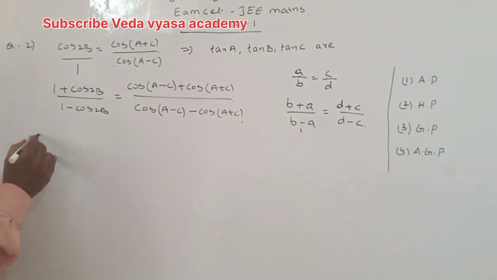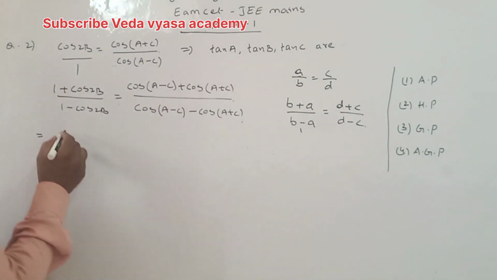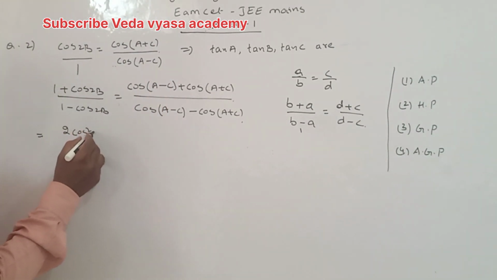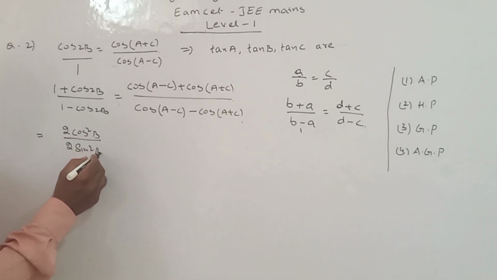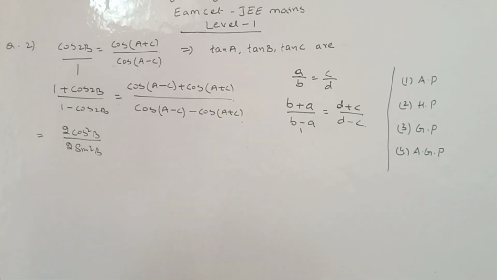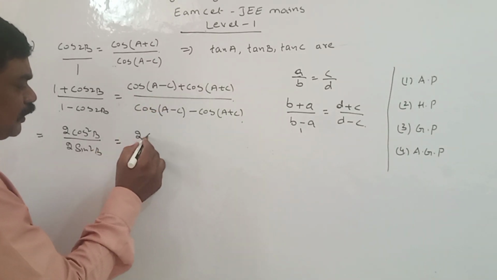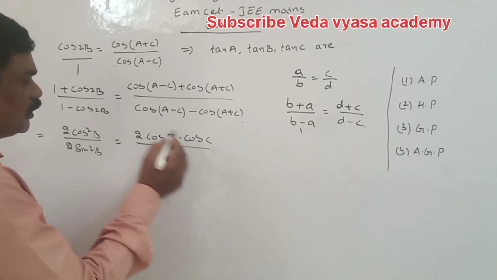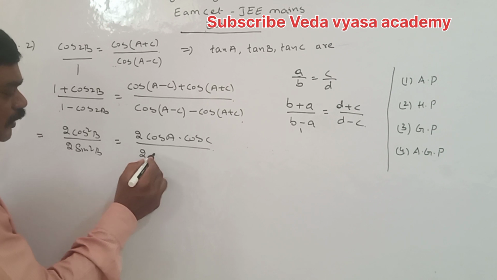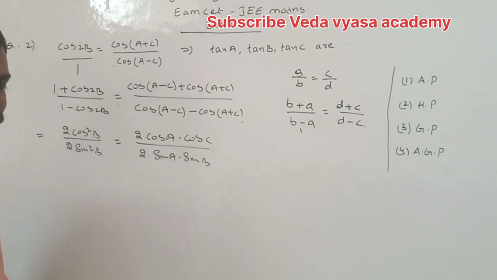So what is the 1 plus cos 2B value? 2 cos square B. And 1 minus cos 2B is 2 sin square B. The right side is 2 into cos A into cos C by denominator 2 into sin A into sin C. Direct formulas.